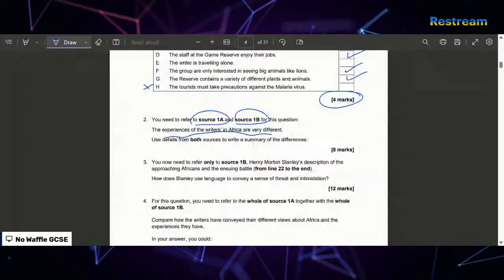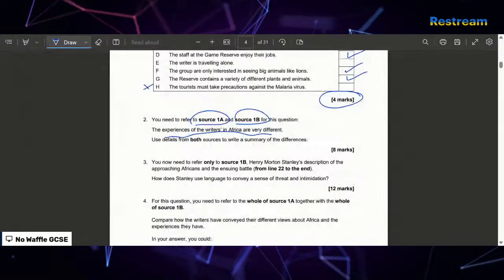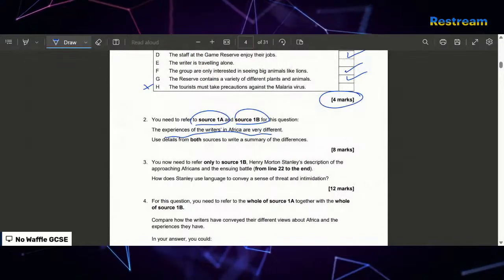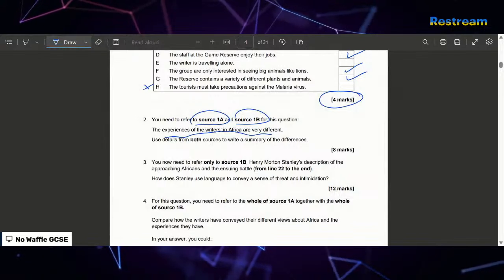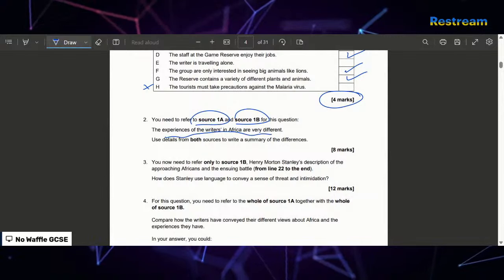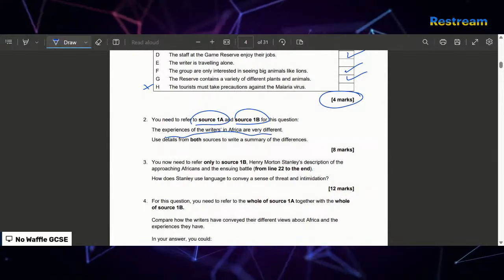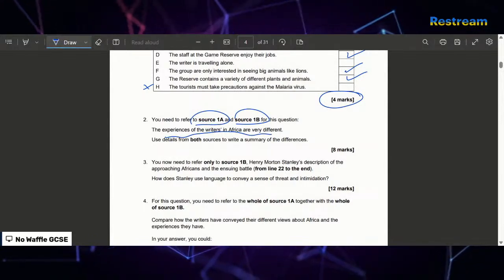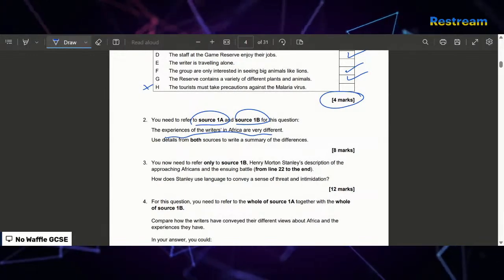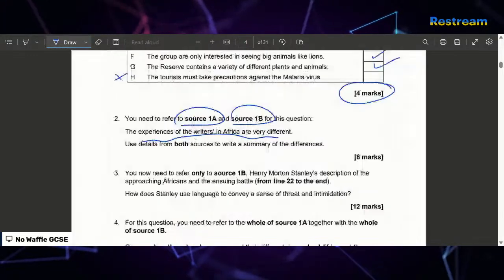So here's lines 22 to the end. So after you've done your language analysis and you've read the text, you're going to have a better understanding, and that will stand you in a better stead to do your summary of the 2 texts afterwards, as opposed to doing it before you've even read the text properly. I hope that makes sense. So we're actually going to do question 3 first.